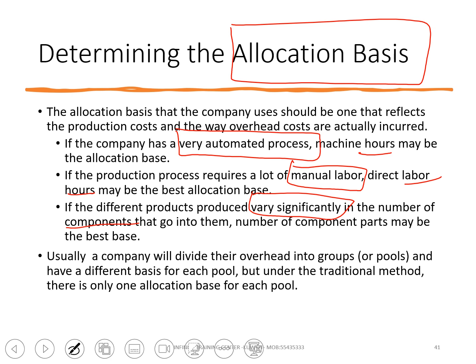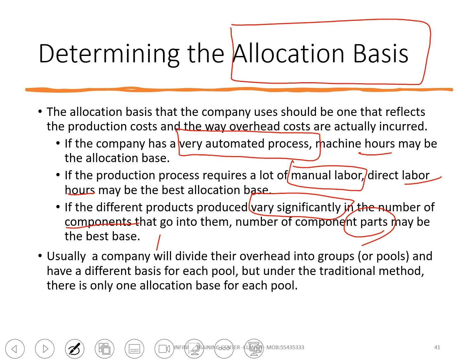Maybe it is based on the component parts used by each product. So you have to make sure whatever cost we incurred and the application of that cost is justifiable based on the allocation base used by each product.